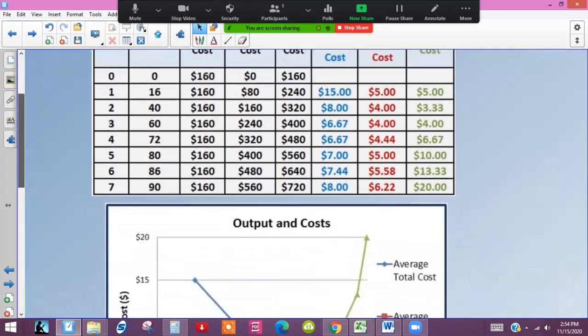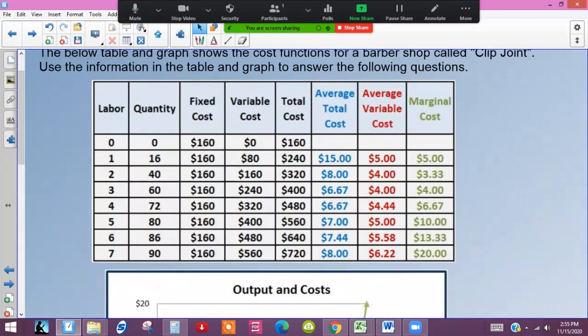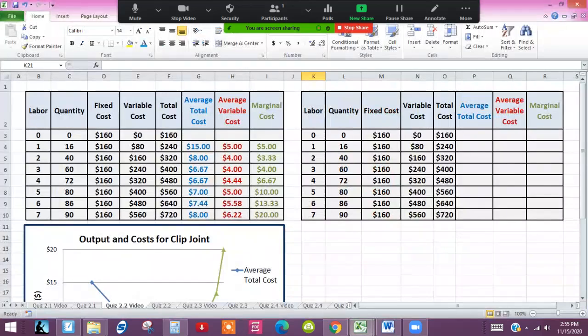So the challenge for you in this question is you're going to have to compute the answers in the last 3 columns. I actually got this from a spreadsheet that I designed that looks like this. And I put the formulas in here so I could get all my answers.